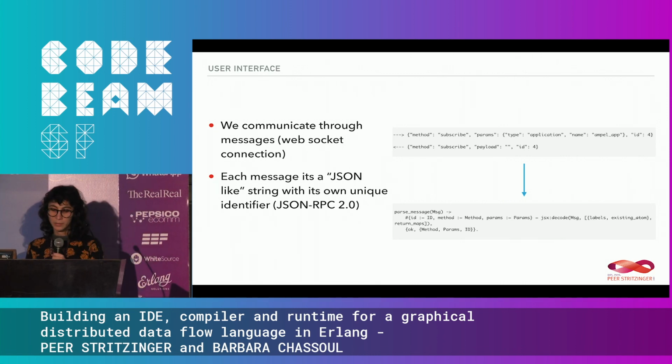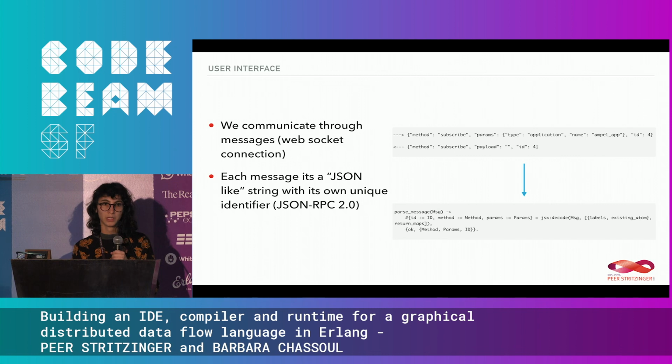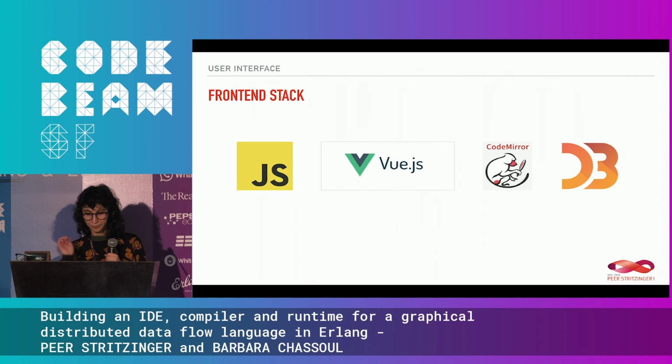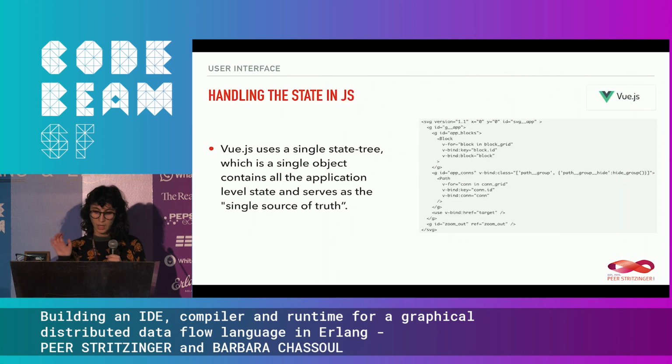The communication between them is very simple. We create a WebSocket connection with Cowboy, and this allows us to pass and receive messages, which are JSON-like strings, to feed our client. We decided to build our entire front end with three additional libraries besides JavaScript: Vue.js, CodeMirror, and D3 for the graphs.